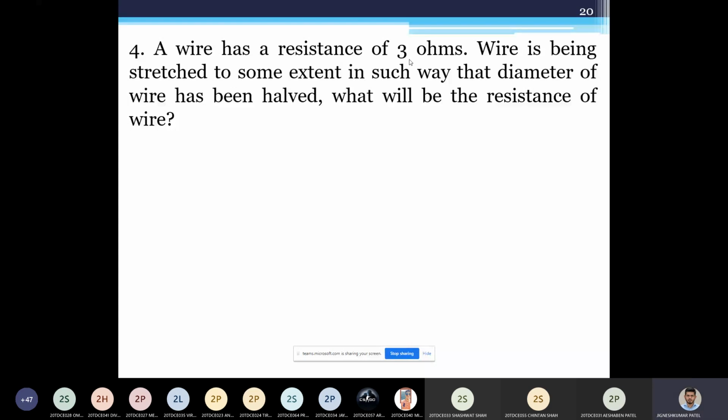This is for homework. Whenever we have the next lecture, probably after this Diwali, I'll start with this example. Write down this example, and you can leave if you do not have any doubt.